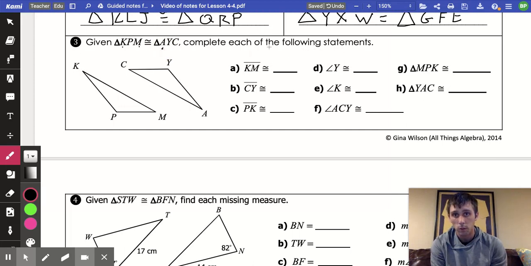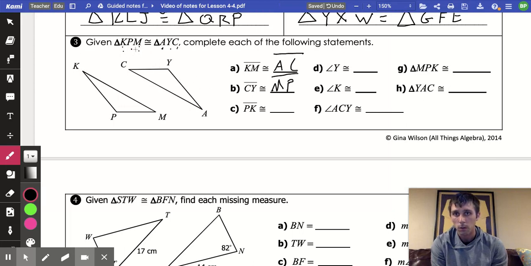The first one, A, and the third one, C. And that's our answer. B, side CY. So the last one and the middle one. So what's the last one? M. And what's the middle one? P. M, side MP.